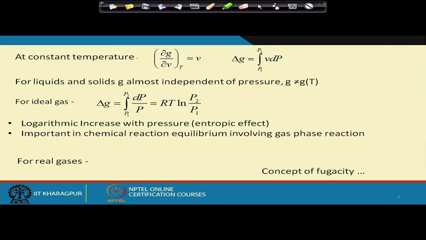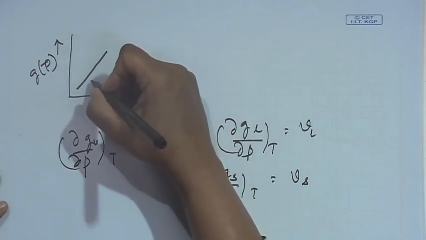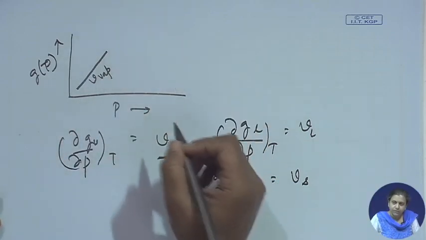The other thing, what do you find? That at low pressure, we always encounter a vapor phase, right? So at low pressure, you are going to expect something of this sort, where the slope corresponds to the vapor phase.